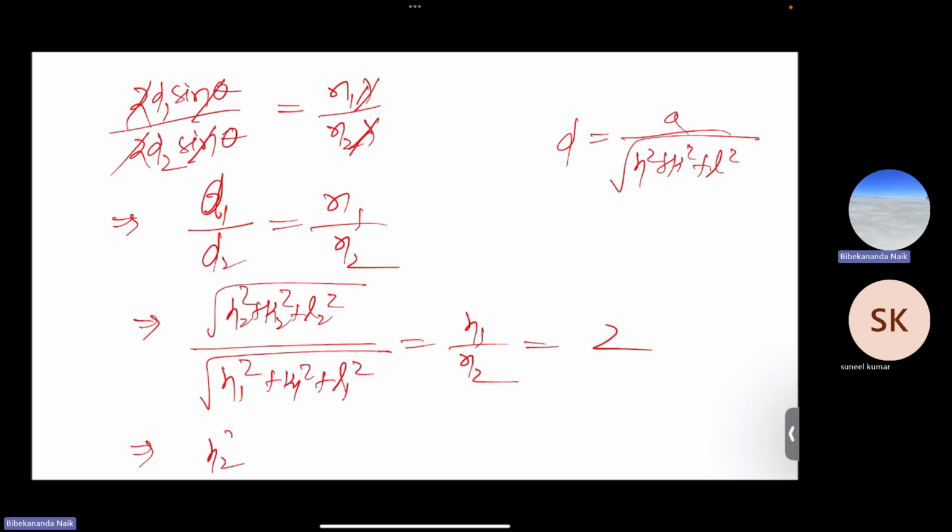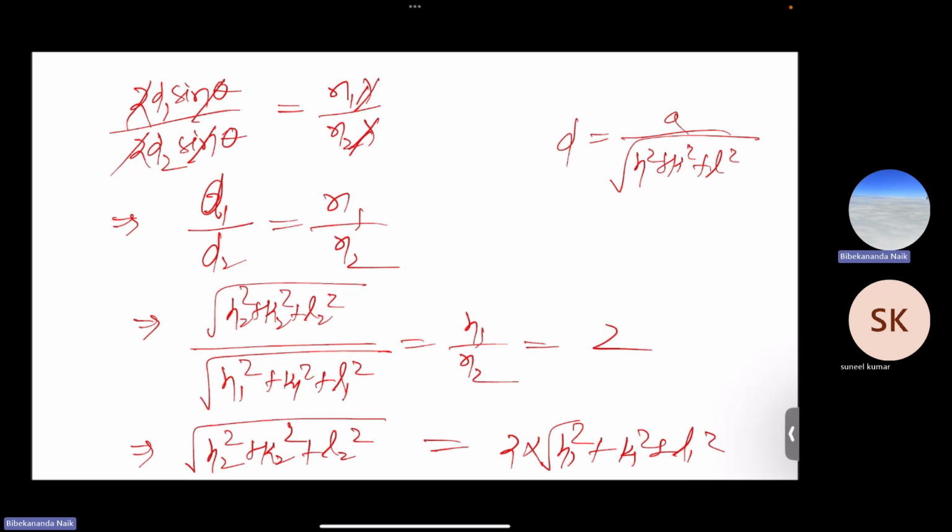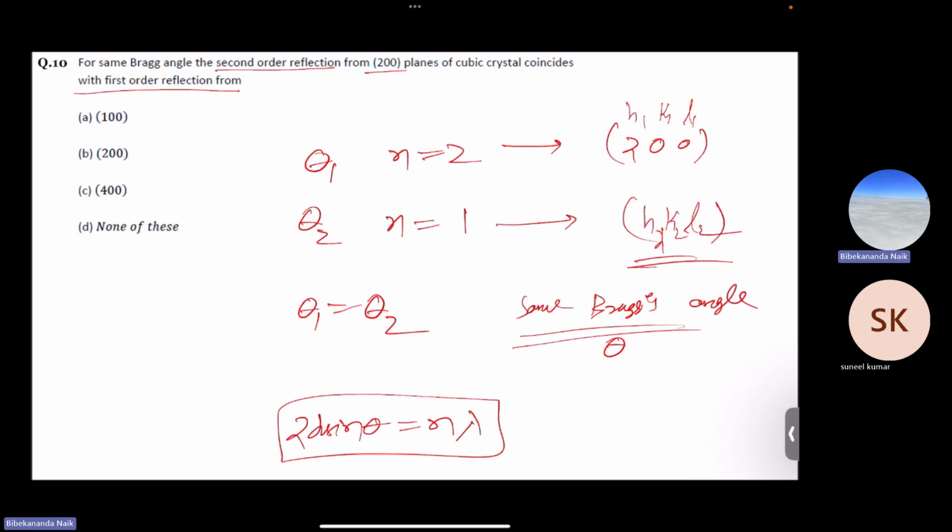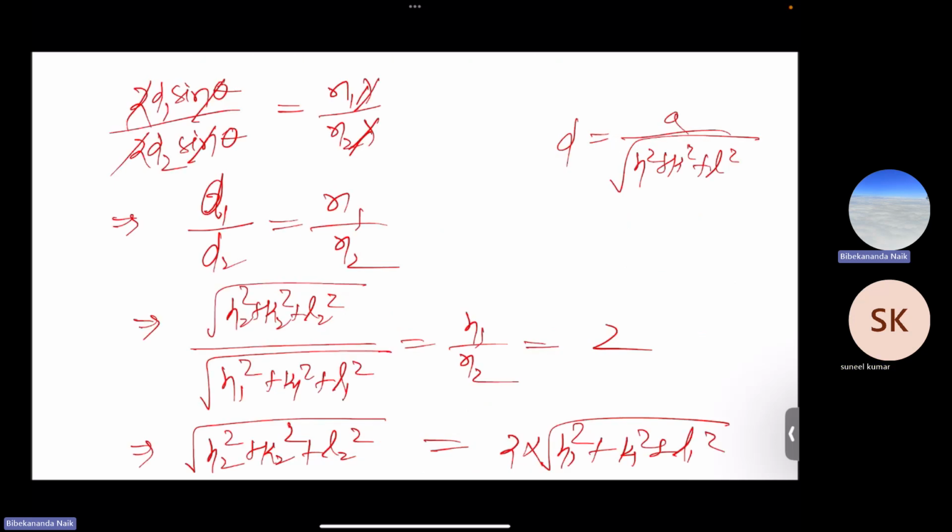Then square root of h2 square plus k2 square plus l2 square will be 2 into square root of h1 square plus k1 square plus l1 square. This is 200, so it will be 2 into square root of 4.